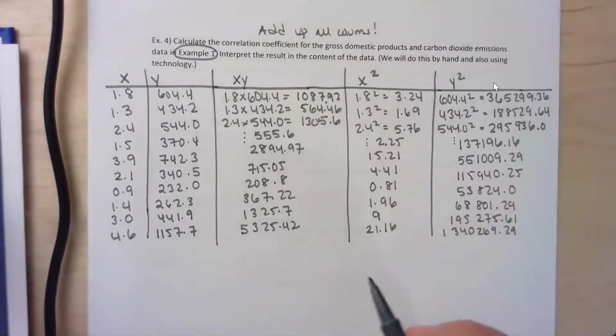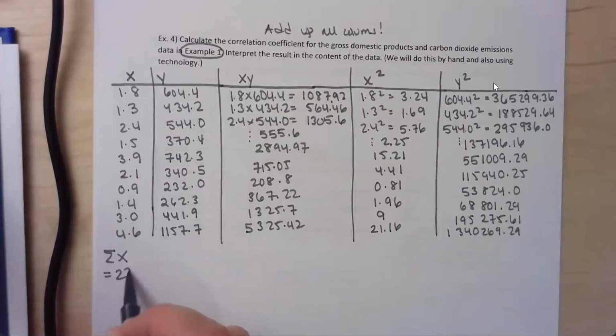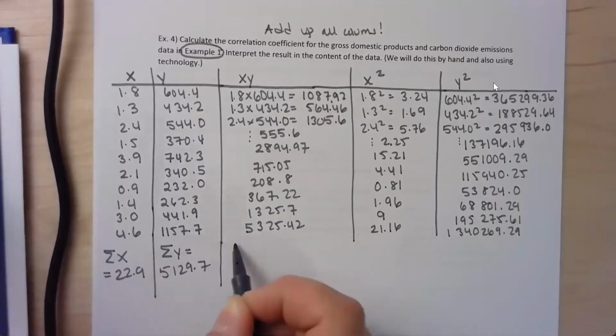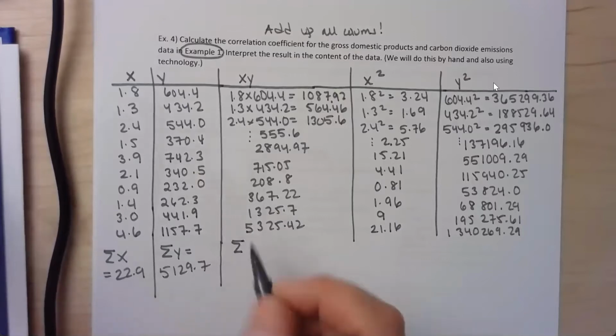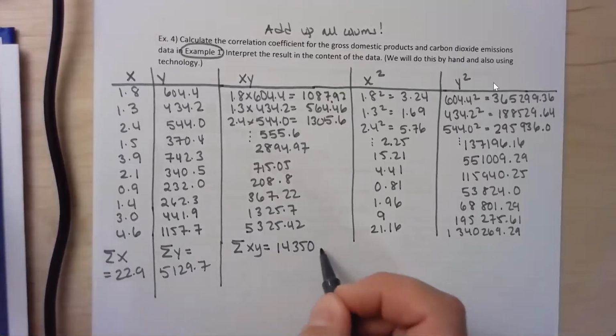Okay. So when you add up this column, this is the sum of the x's, and you get 22.9. When you add up this column, it is the sum of the y's, and you get 5,129.7. When you add up this column, it's written like this, sum of the xy's, but really you're doing the xy multiplication first, and you get 14,350.74.